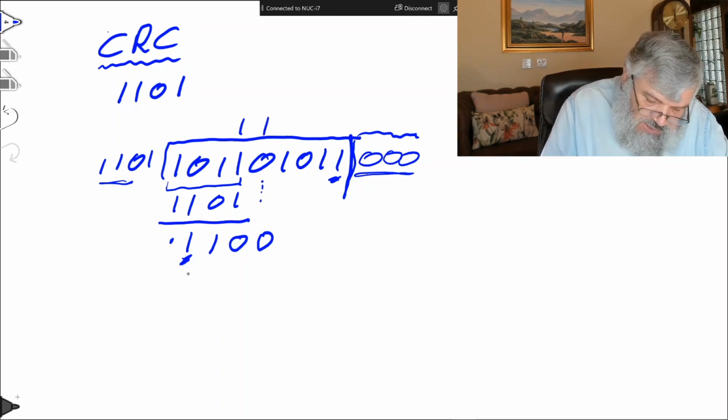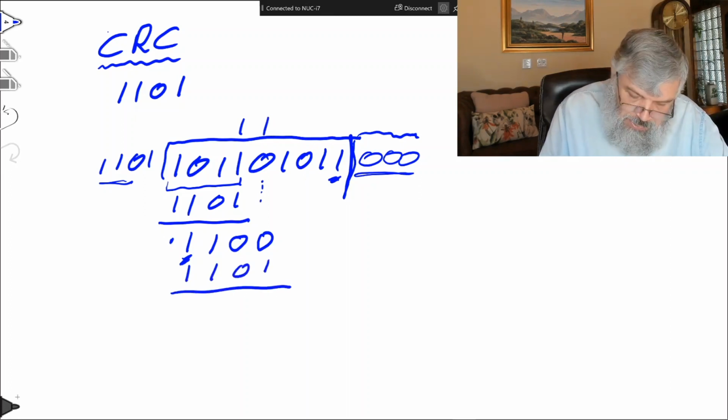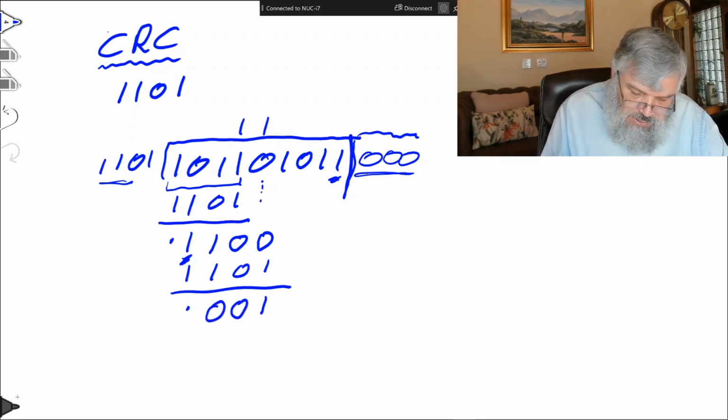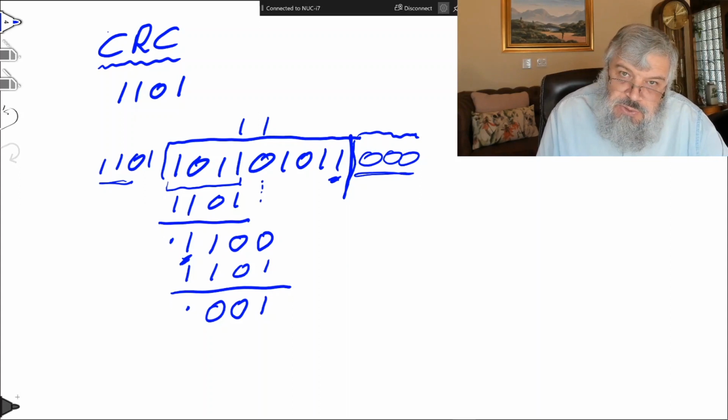And then because I can, I'm subtracting 1, 1, 0, 1 from that, again using 1's complement. 0 minus 1 is 1, 0 minus 0 is 0, 1 minus 1 is 0, and the leading bit by definition is going to disappear.